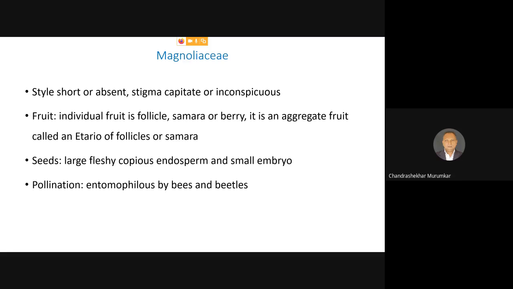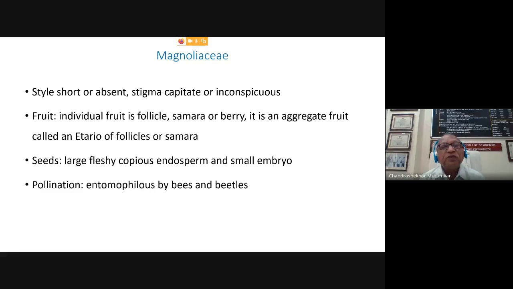Now the primitiveness of this family is exhibited by one more character: in all these members, the pollination is achieved by entomophily, that is, by insects. But very interestingly, these are not butterflies; in the group Arthropoda, the most primitive members are bees and beetles.